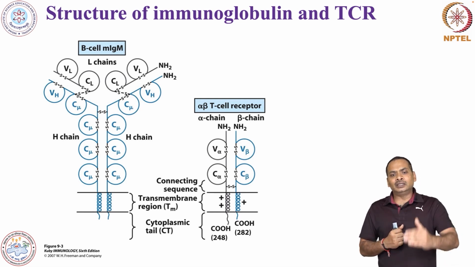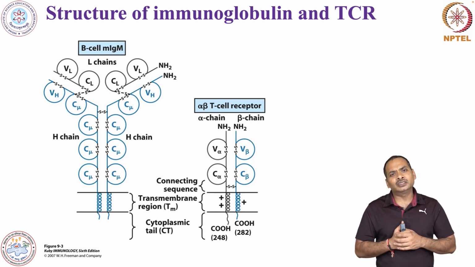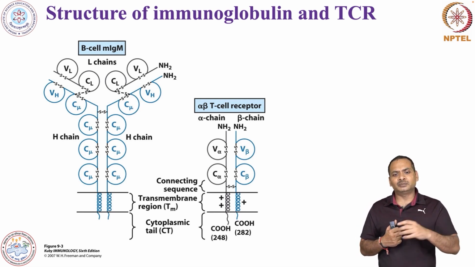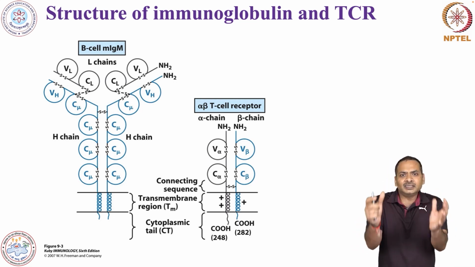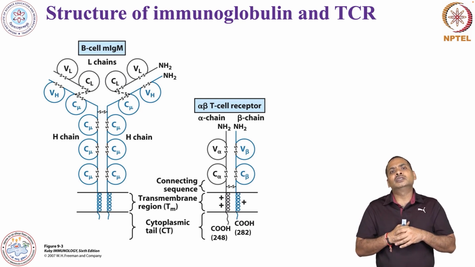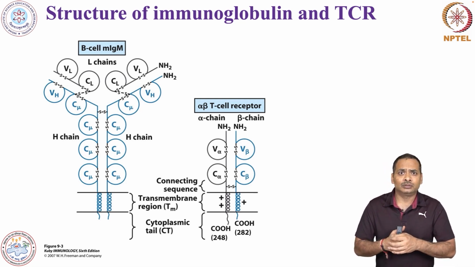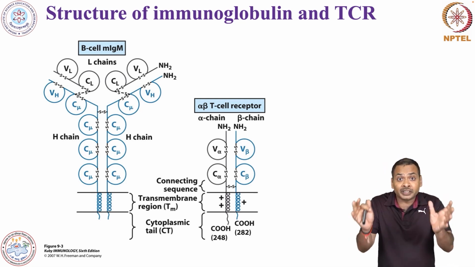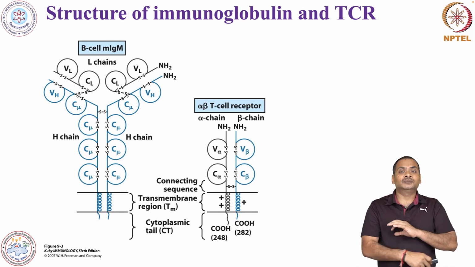Okay. And basically this is also inserted in the membrane, there is a transmembrane domain, and these TCRs are always associated with the CD3 molecule in order to make it functional. I will show you in the next slide.